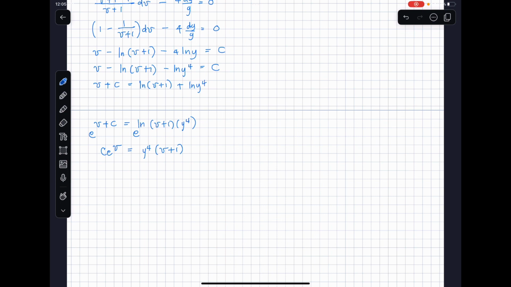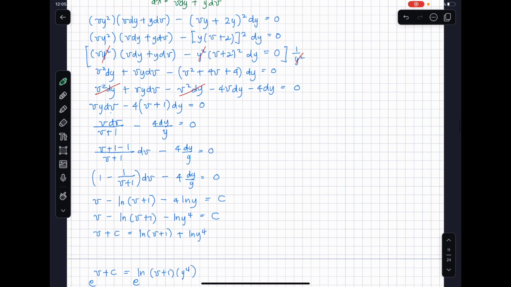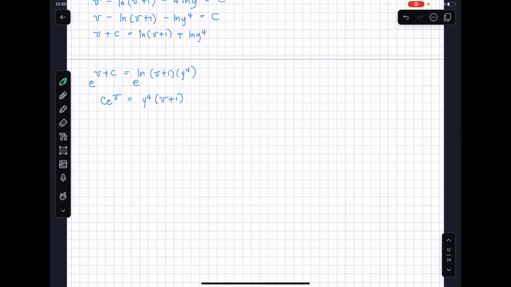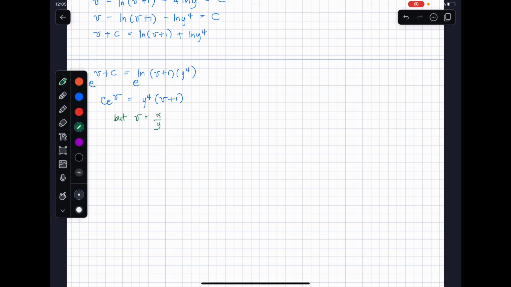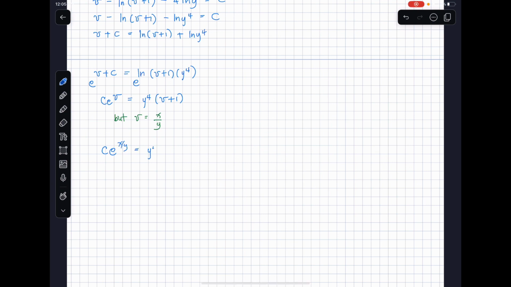But then we have the value of v, which is x over y. So we substitute. This would become c e raised to x over y is equal to y raised to 4 times (v plus 1), and v plus 1 is x over y plus 1.